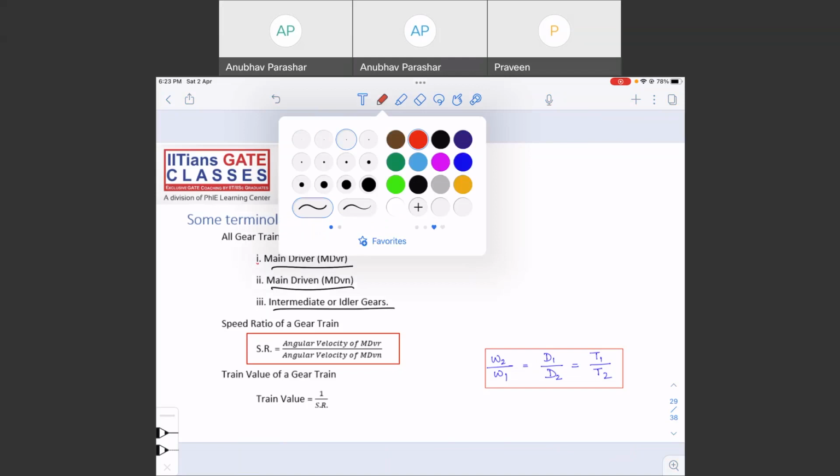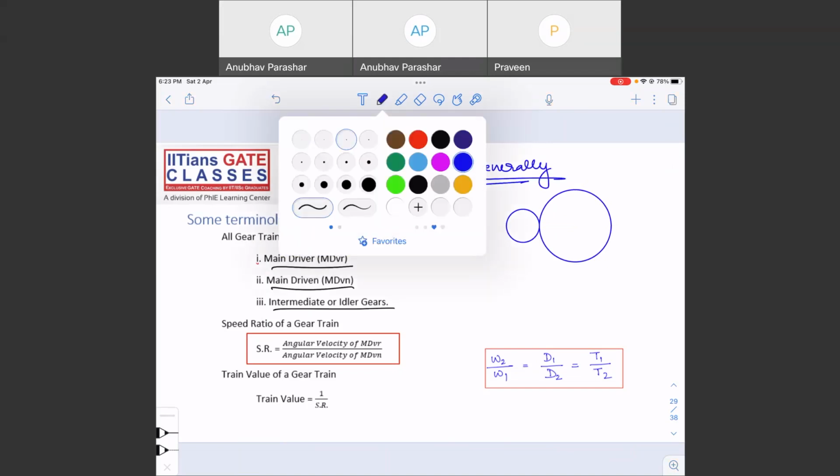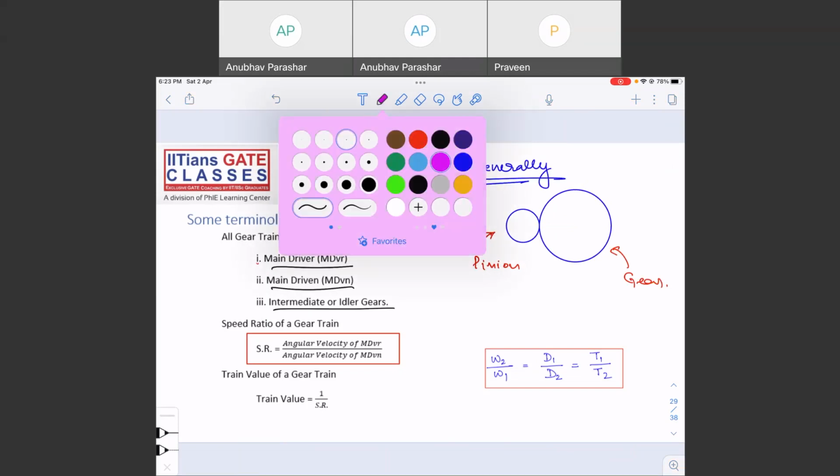Generally, if you use gear and gear, suppose I'm just using two gears here, the smaller one is the pinion, and the larger one is the gear. The smaller one will be numbered as 1.